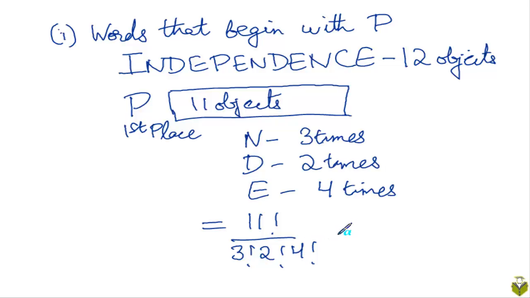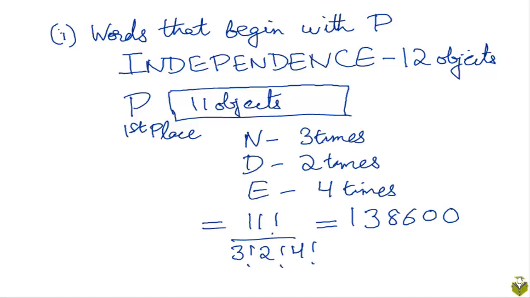So it's very similar to the previous problem. And the answer is 138600. The only key point here was to fix P in the first place, and then you are left with 11 objects, and you apply the permutation formula with these 3 alphabets repeated 3 times, 2 times, and 4 times. So this is very straightforward.